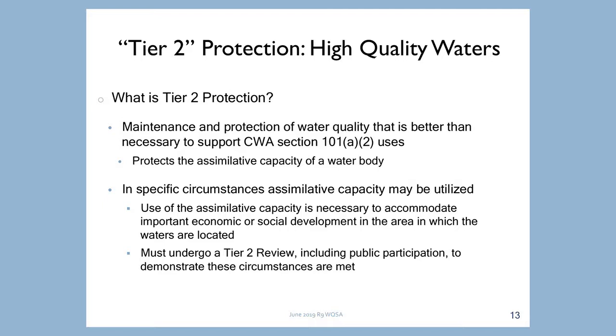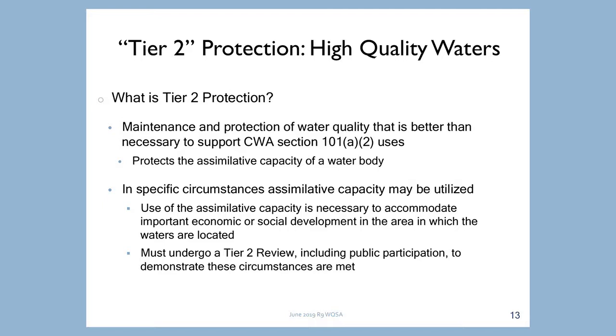Let's say the criteria level for a particular parameter to protect a 101(a)(2) use is 10 micrograms per liter. The water is at 5 micrograms per liter for that parameter in the ambient. You now have 5 micrograms per liter of assimilative capacity, meaning that a discharger, which could be point or non-point sources, could use up 5 micrograms per liter and still be maintaining the goals of the Clean Water Act.